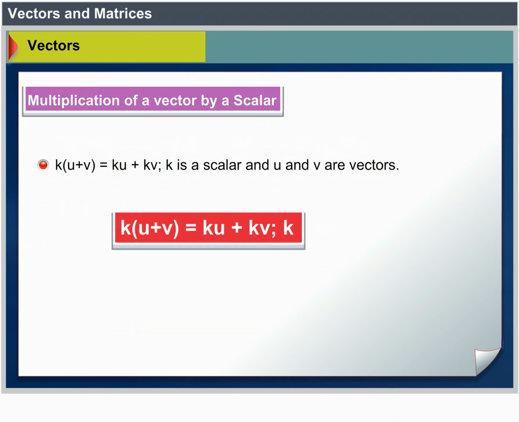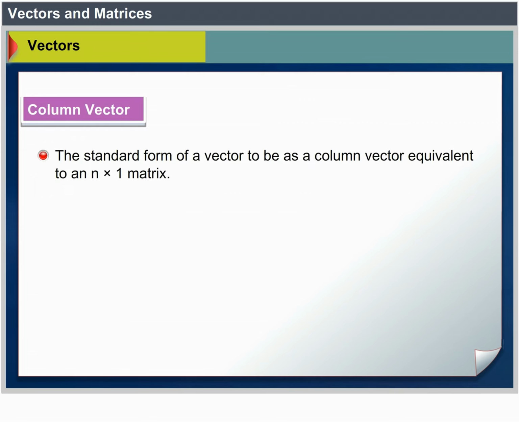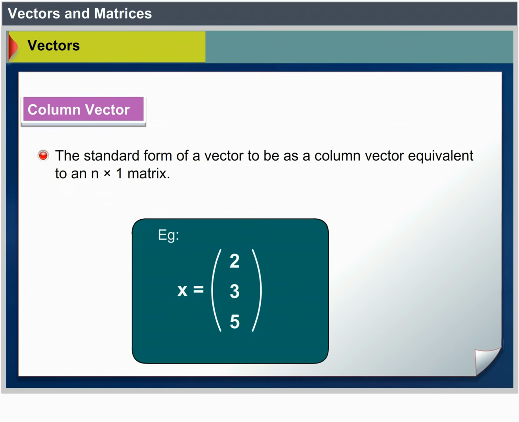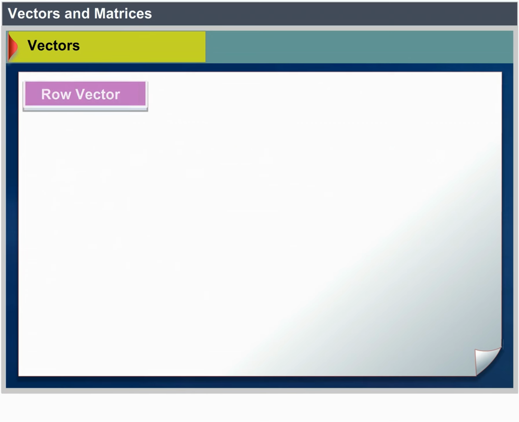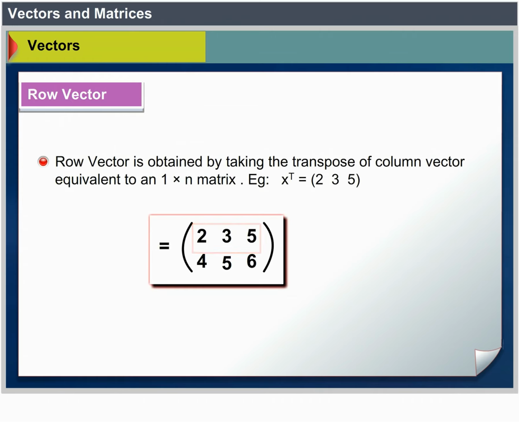Column vector. The standard form of a vector is as a column vector, equivalent to an n by 1 matrix. Example: x = (2, 3, 5). Row vector. A row vector is obtained by taking the transpose of a column vector, equivalent to a 1 by n matrix.